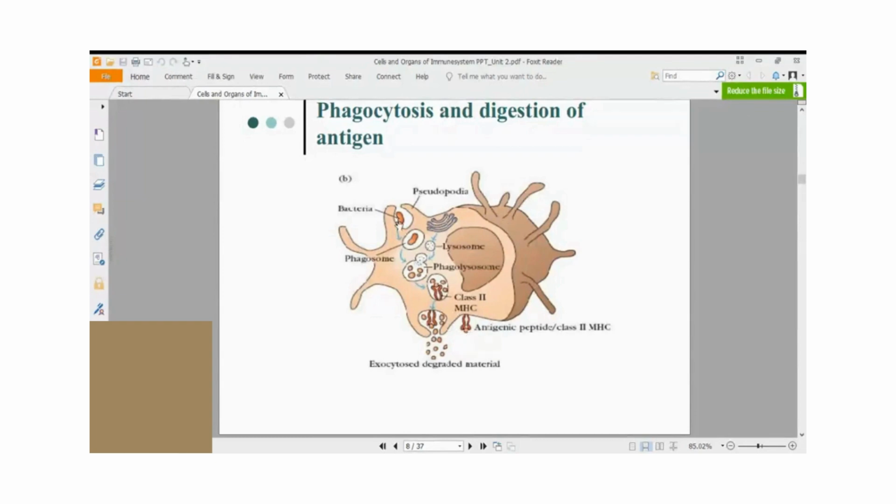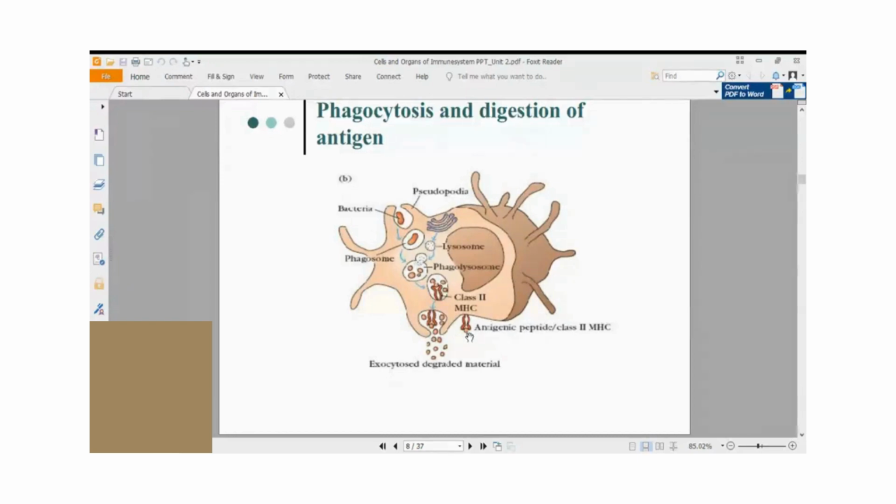So exogenous antigen, that is bacteria or virus, bacterial toxins, bacterial polysaccharides, bacterial proteins, all that is processed through phagocytosis or endocytosis, whatever the mechanism. Those are exogenous antigens. They are going to be presented on class 2 MHC of the macrophage. Therefore, it becomes an important antigen presenting cell.